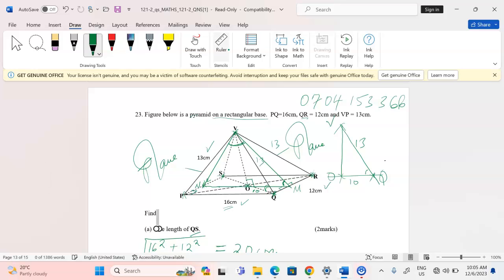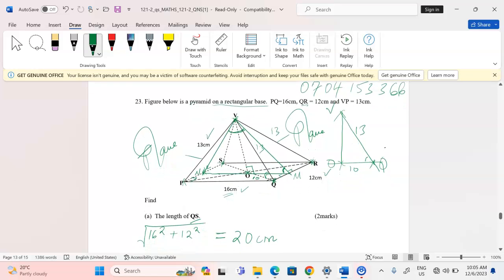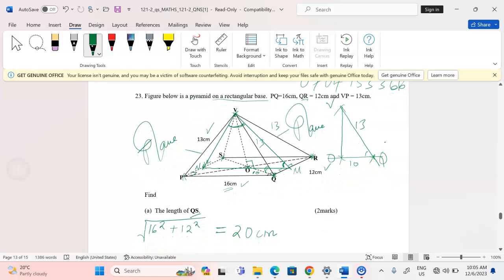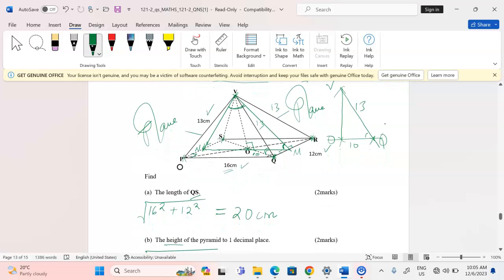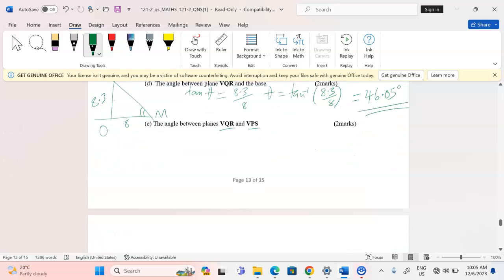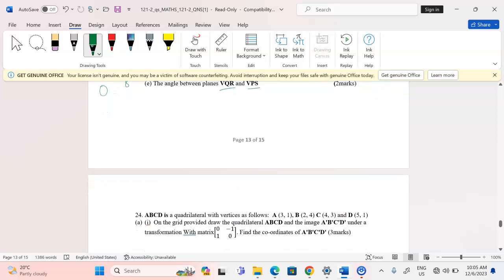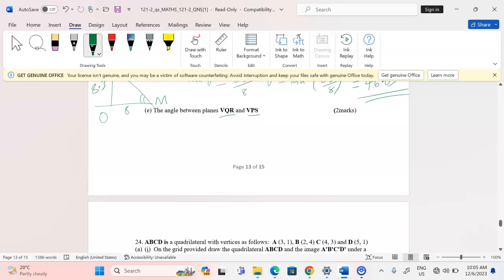We can extract a triangle through there.